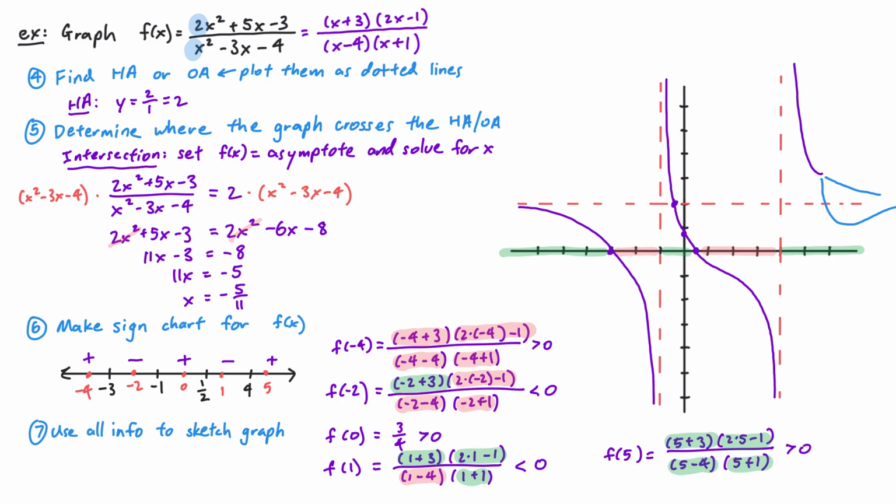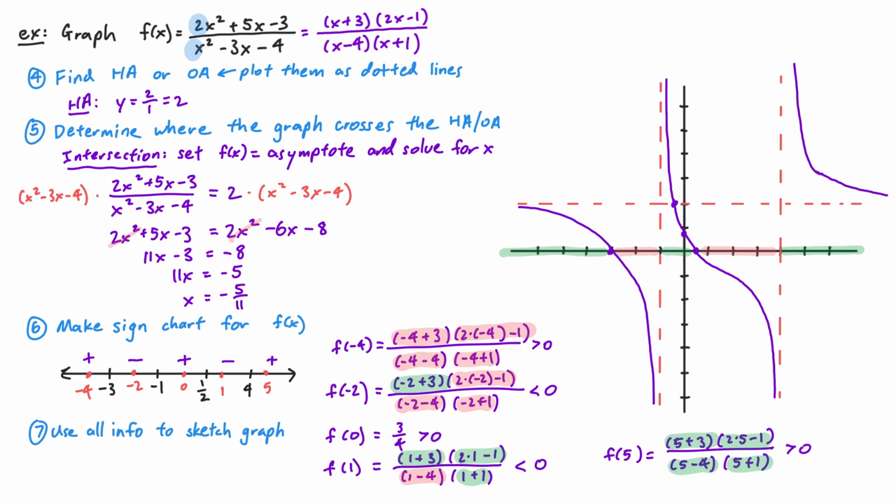We saw that the graph crosses the horizontal asymptote at x equals -5/11, which is right here. It does not cross the graph anywhere else. So specifically, there's no crossing over here on this side of the graph, which means that my graph has to go towards the horizontal asymptote from above. So let's finish off our graph, drawing our graph going towards the horizontal asymptote from above.